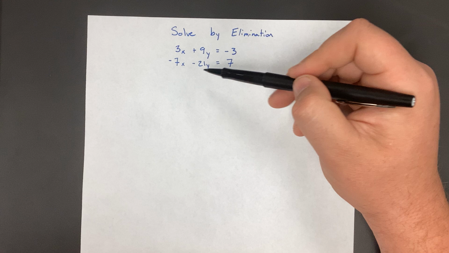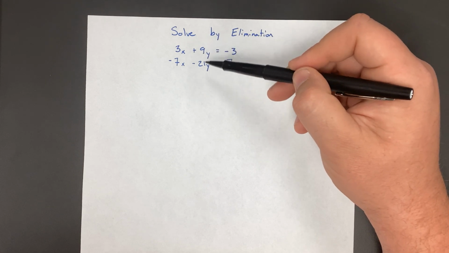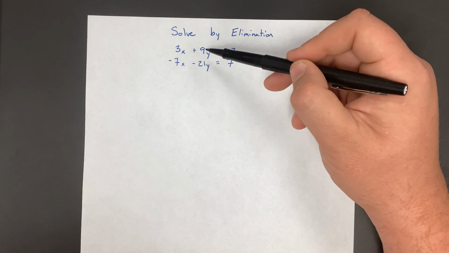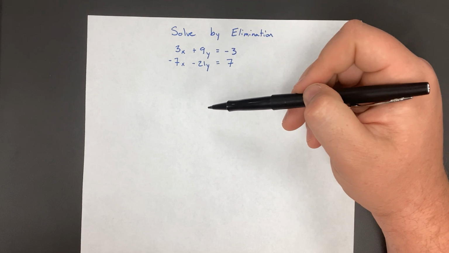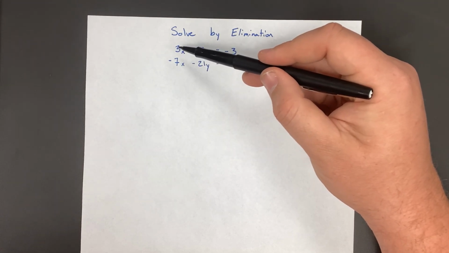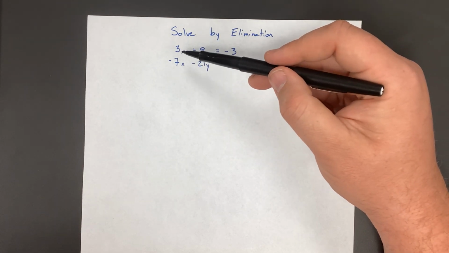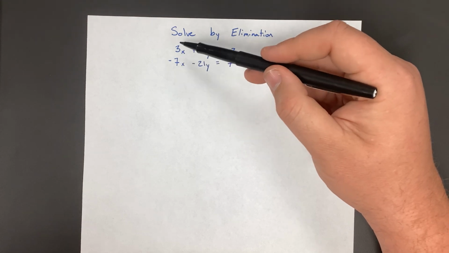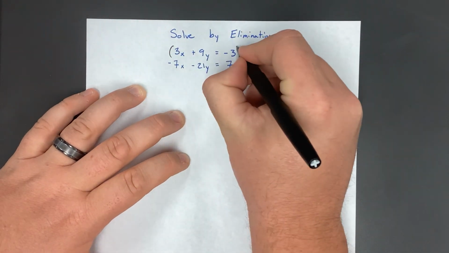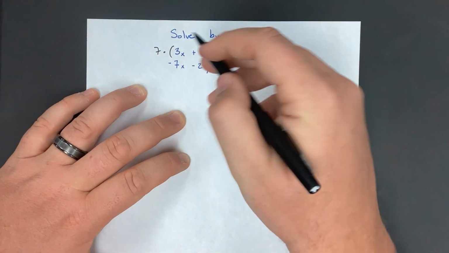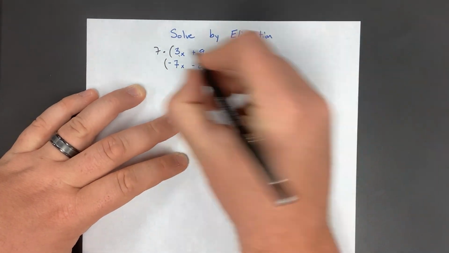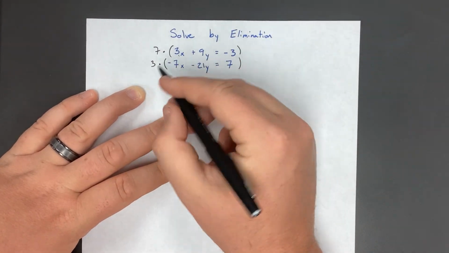Okay, you could do it. You could multiply both of these numbers to see where they meet up at something they cancel out, but I don't have anything I can multiply 9 by to make it positive 21 and vice versa. Okay, so I'm sticking with these numbers. So I know that on our times table, 3 and 7 meet up at 21, where I can multiply 3 by positive 7 to make it positive 21, and I can multiply negative 7 by 3 to make it negative 21.